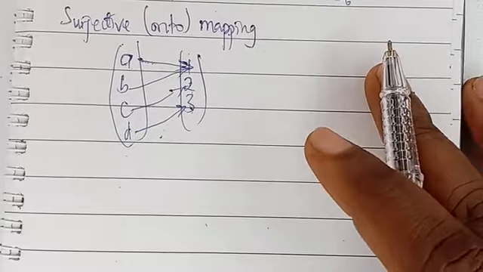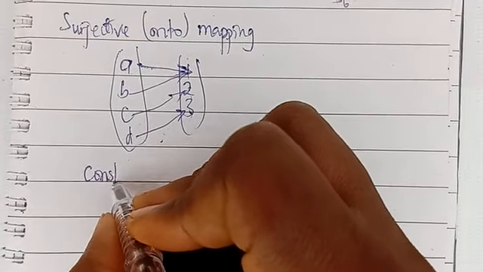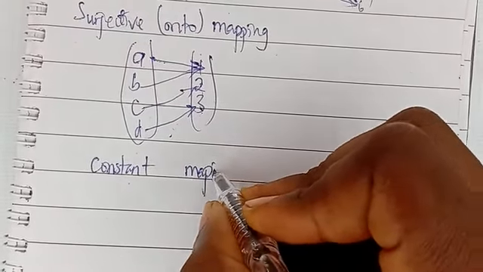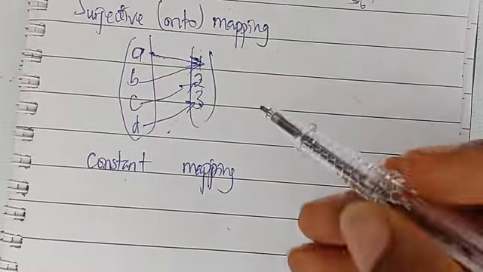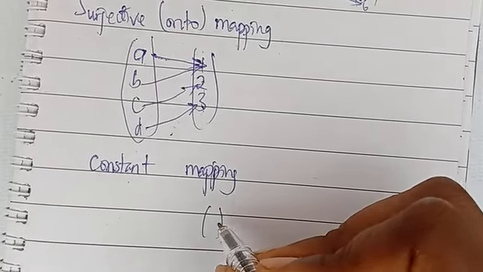So we also have constant mapping. This type is all about having just one element in the codomain.